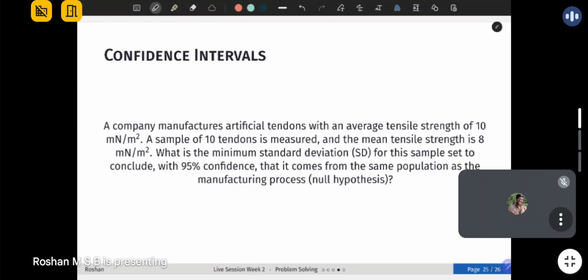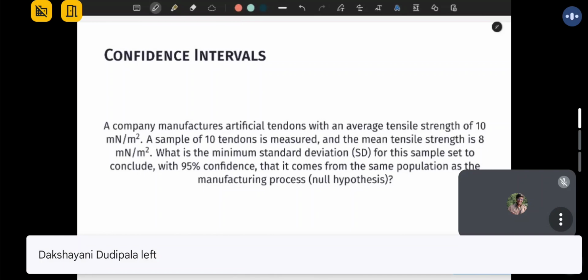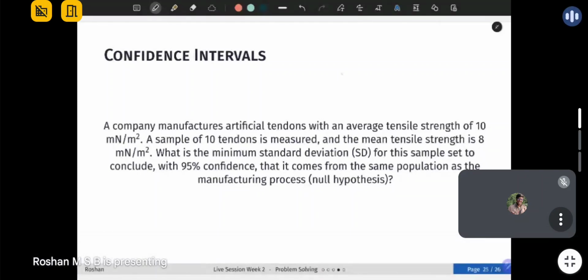So what is the research question here, or what type of test should we use? One sample t test. Yes. And what's the formula? T is equal to x bar minus mu 0 upon standard deviation by square root n.